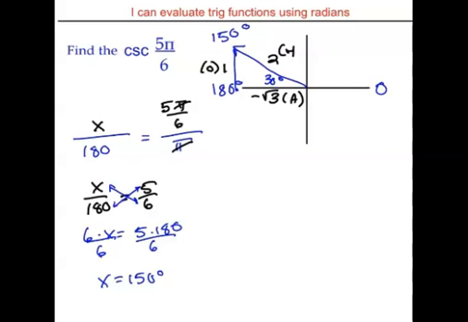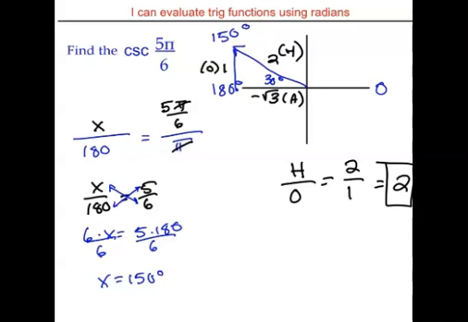Okay, so for cosecant, cosecant is the reciprocal of sine. So instead of O over H, it's H over O. My hypotenuse is 2. My opposite is 1. Yeah, and in this case, I don't have to convert it back to degrees because my answer is a ratio.